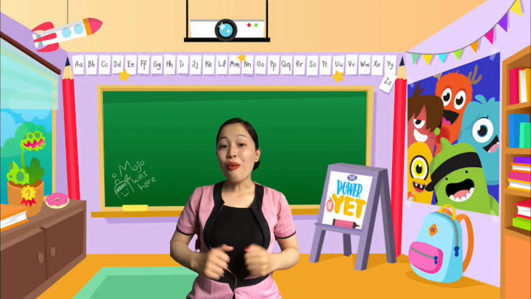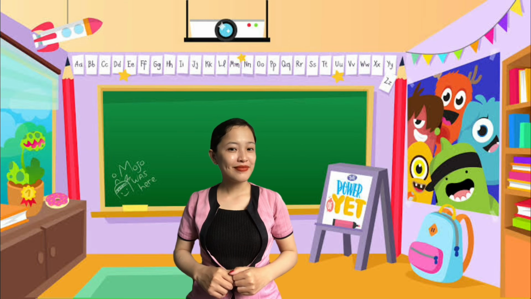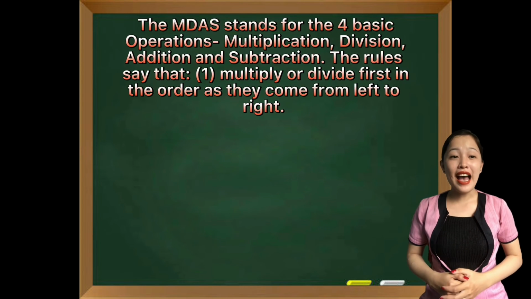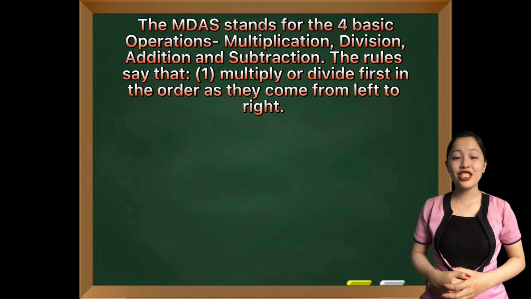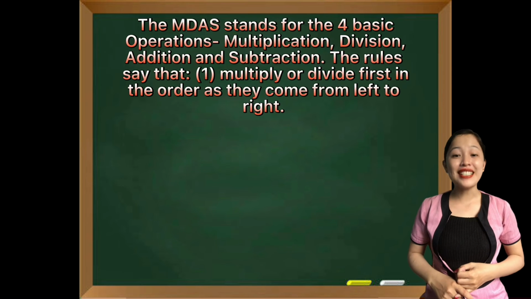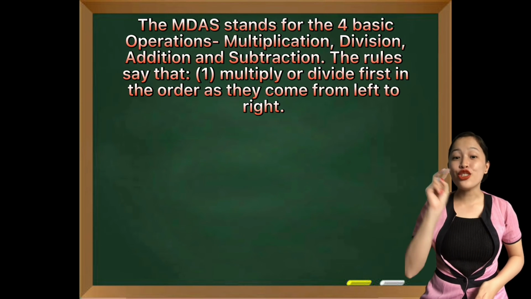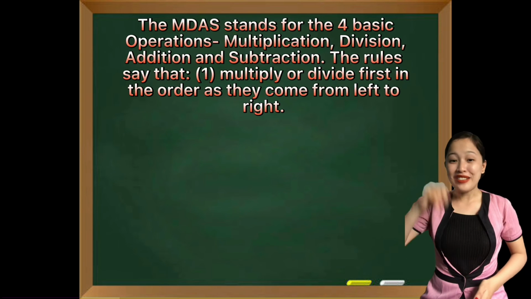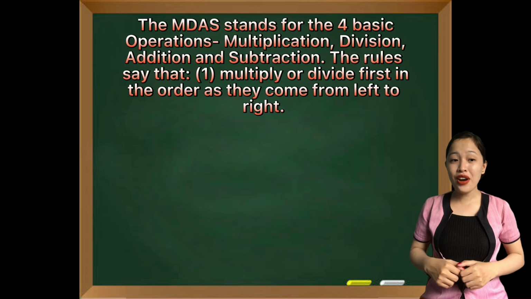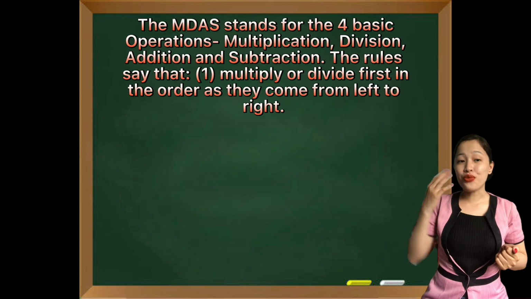Now class, what is MDAS again? Very good! MDAS stands for the basic operations, multiplication, division, addition, and subtraction. And always remember the 2 rules. The first rule says that multiply or divide first in the order as they come from left to right.